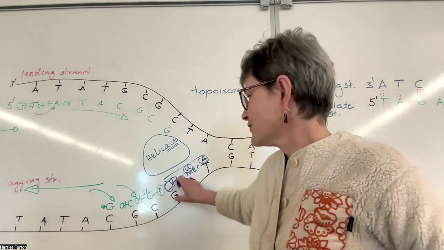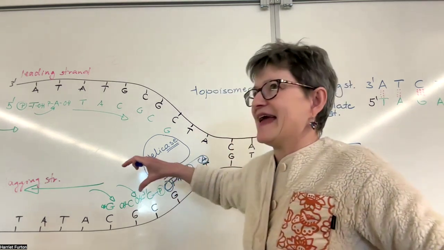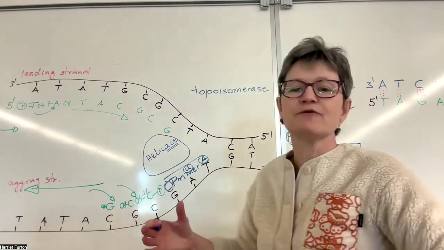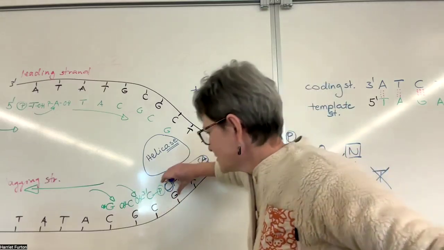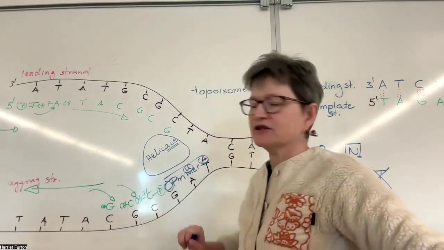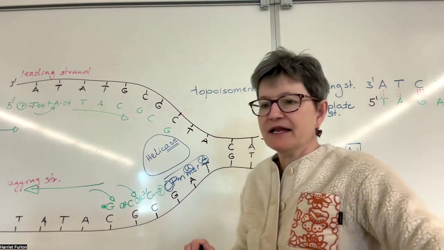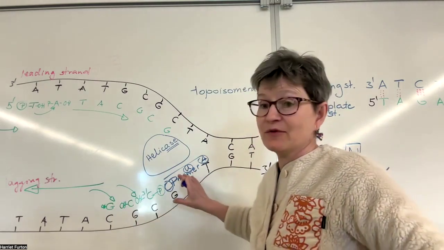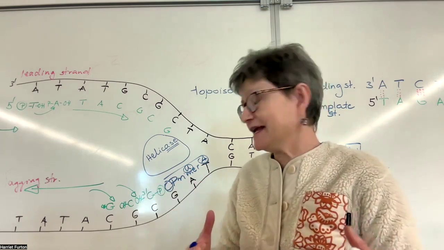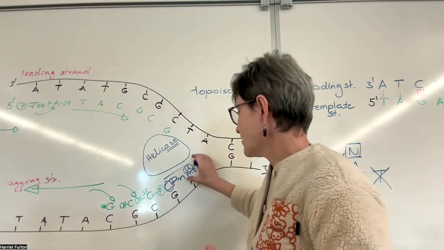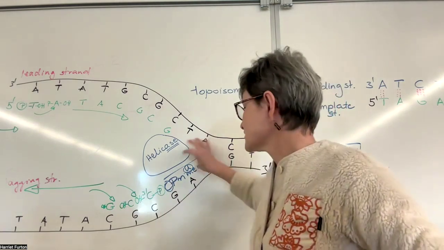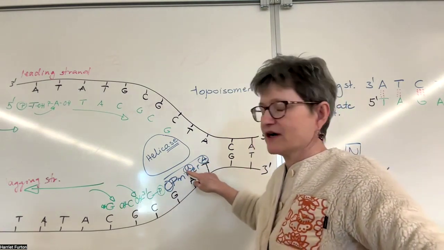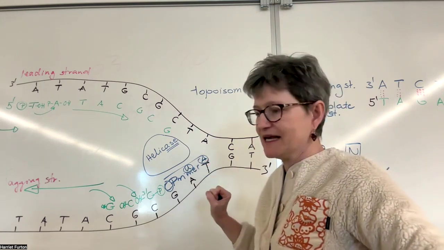And this primer will give a starting point for the DNA polymerase 3 to latch on and start to continue the synthesis. Now, this RNA primer, though, has to be taken off by the DNA polymerase 1. We'll switch the RNA sections in here on the DNA.